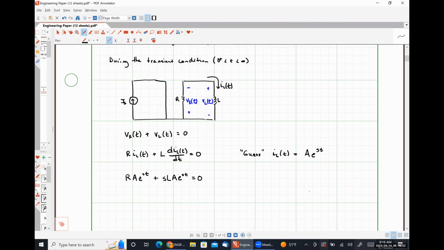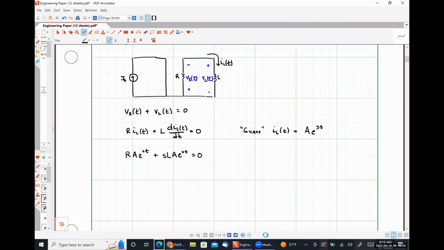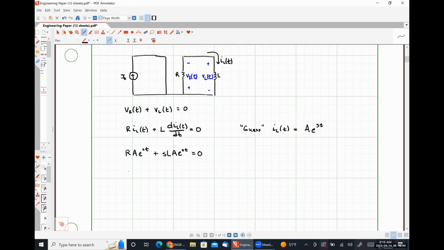And now I'm just going to do a little bit of algebra here, right? So I'm going to pull out my factor of A. That's a common factor on both things. So I will have (R plus sL) times A e to the st.